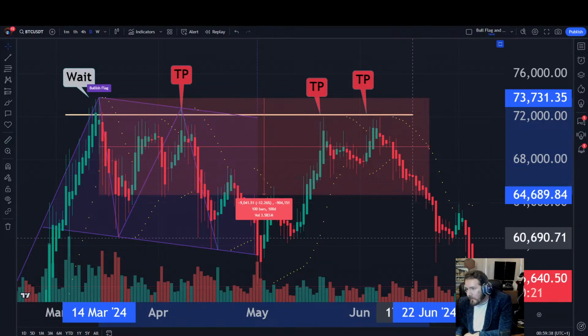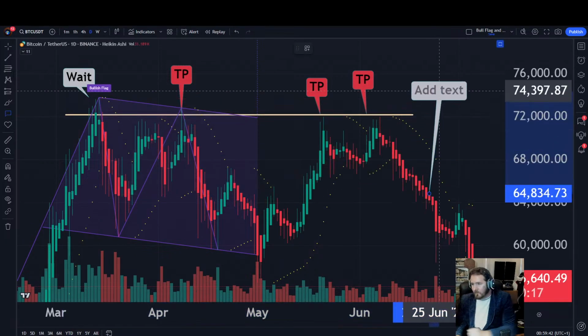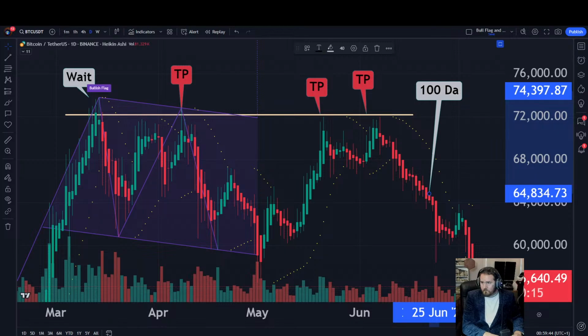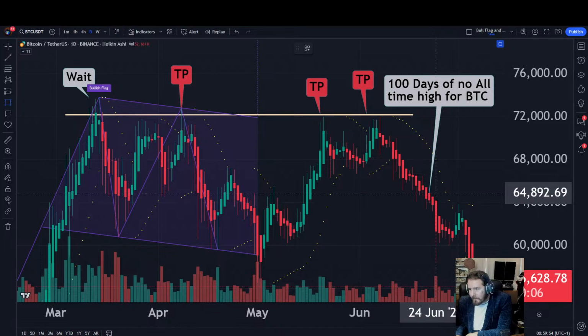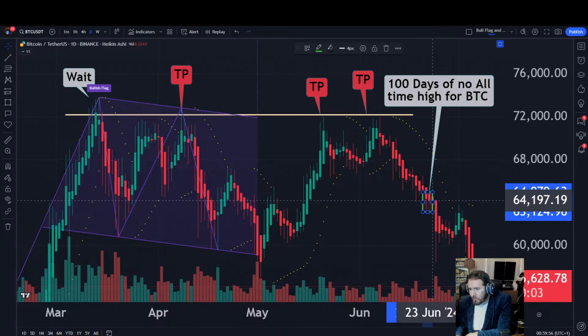Right here, this candle, I see it. So this was the moment we had over 100 days with no all-time high for Bitcoin. So this is actually the moment we started getting the most bearish momentum.